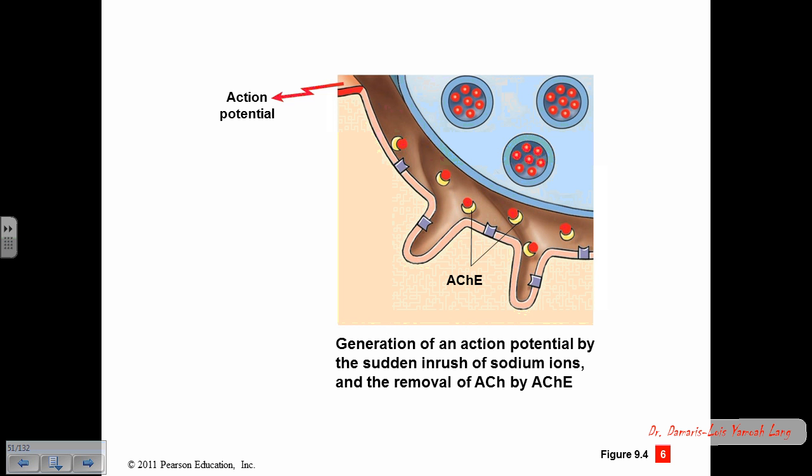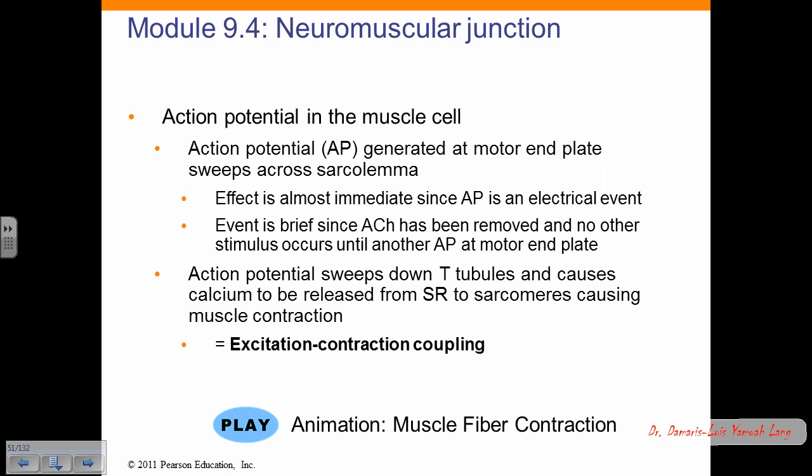Okay, so let's go back to these slides. As you can see over here, action potential will be generated where? In the motor end plate, which will sweep across the sarcolemma and the T-tubule. Okay, will sweep down to the T-tubules, causing calcium to be released from the sarcoplasmic reticulum.